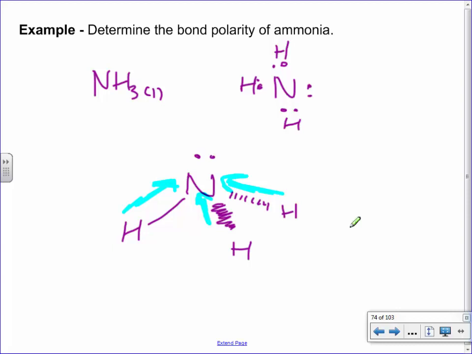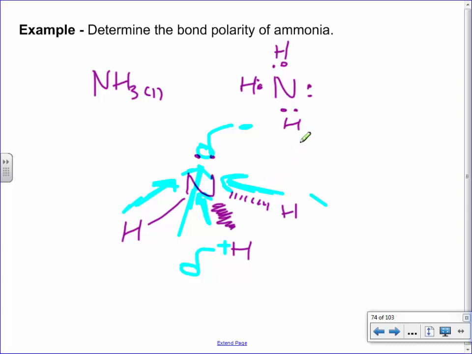So this nitrogen is going to be the slightly negative side because everybody is pointing towards it. And the bottom side of the molecule is going to be the positive side, because all of the electrons effectively are getting pulled upwards. Can you visualize that?